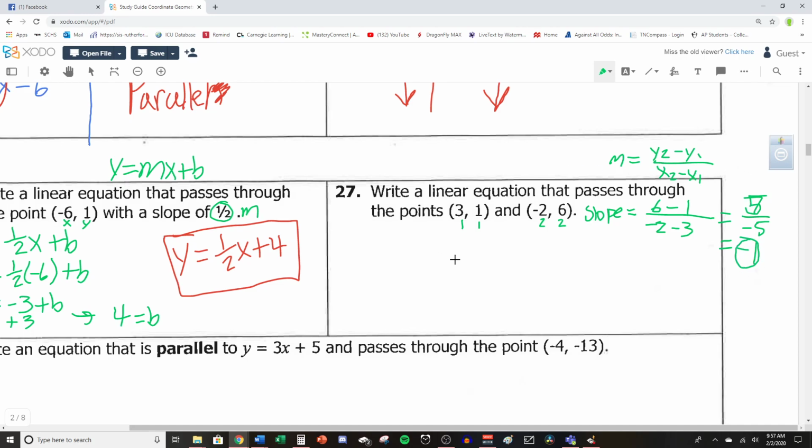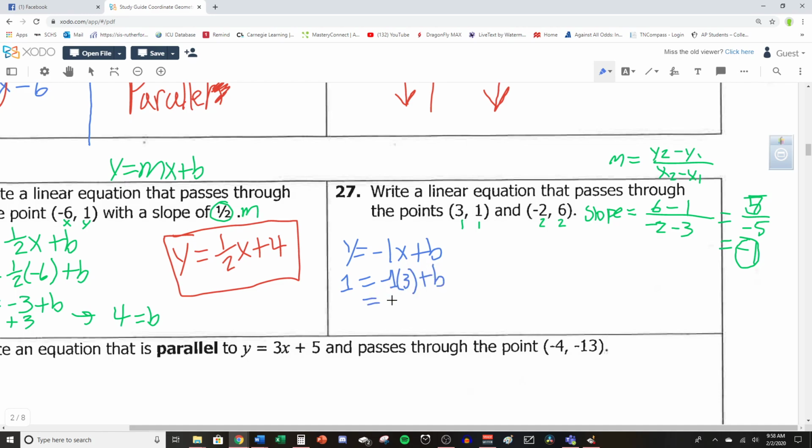Okay. So with the slope of negative 1, we're going to put it into the y equals mx plus b. So y equals m, which we just said is negative 1, x plus b. Just like we did over here, we need to solve for this b value. So I'm just going to plug in, we know it goes through these points, so let's plug in a 3 and a 1. Those seem the simplest. So it's 1 equals negative 1 times 3 plus b.